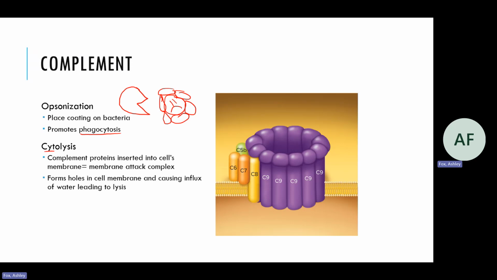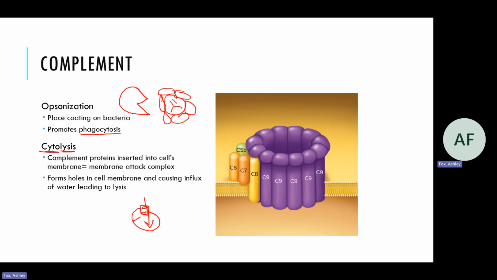Cytolysis, meaning cyto means cell, lysis is kind of destruction. Complement proteins themselves can actually insert themselves into the cell membrane, called a membrane attack complex. What happens, again, we've kind of learned it before, it makes a hole in the cell membrane, allowing water, most often, to go into the cell.